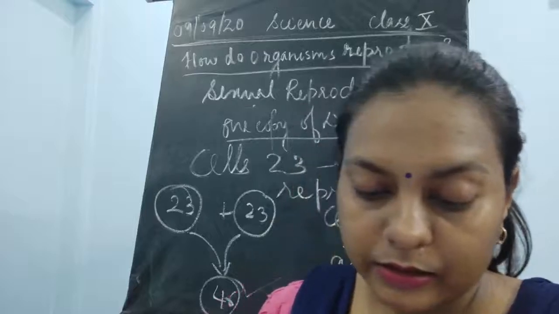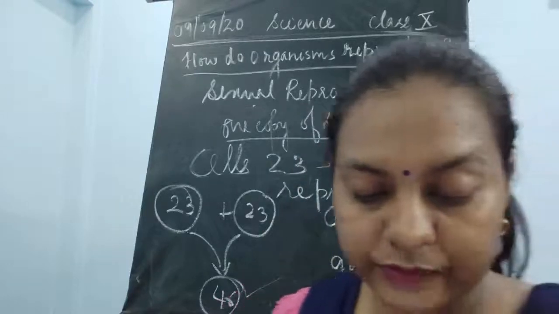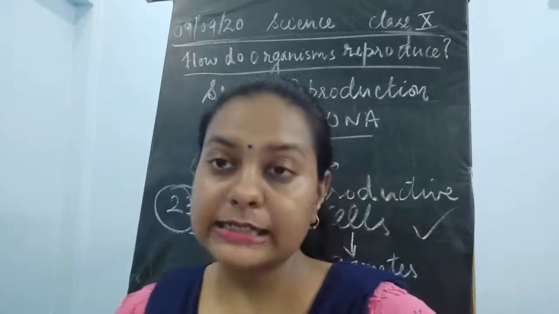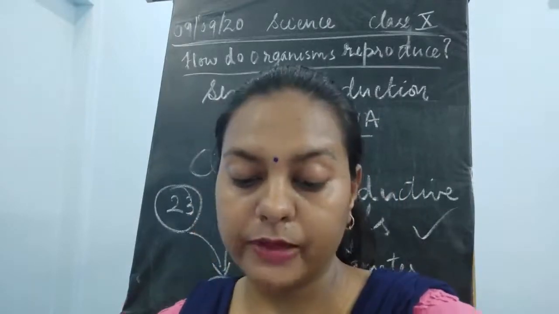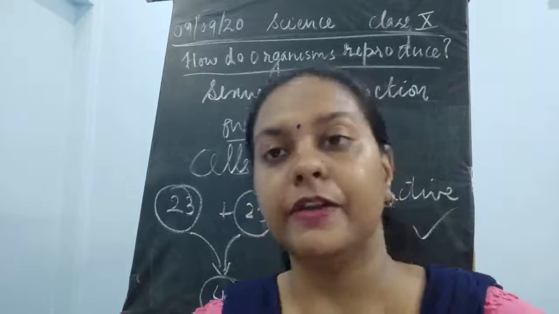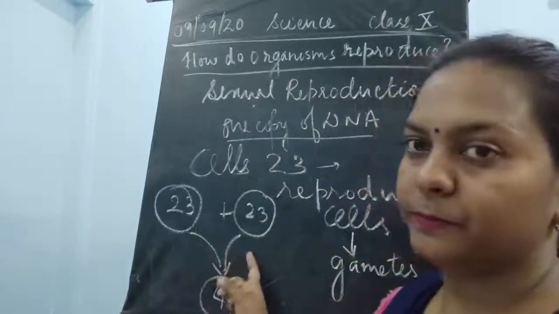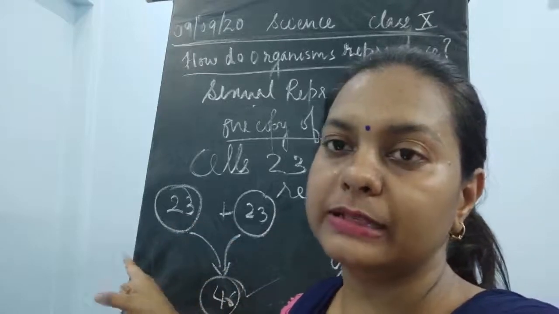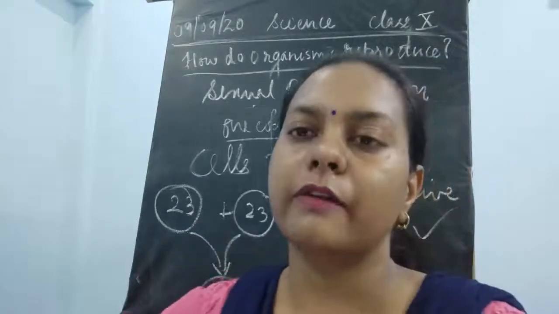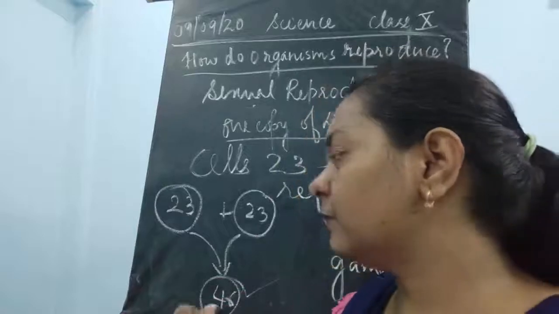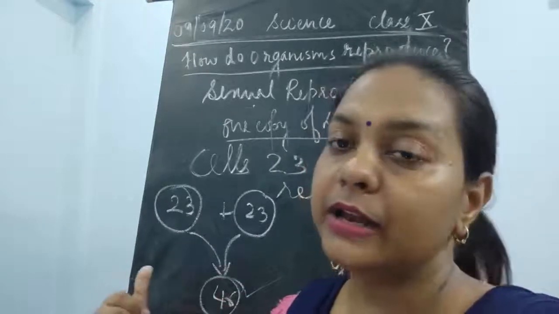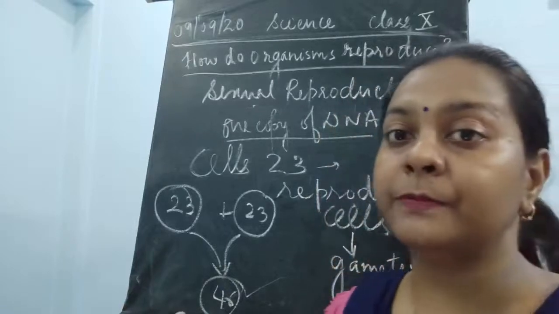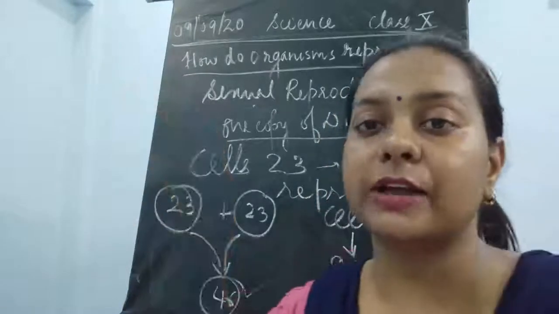Thus, when these germ cells from two individuals combine during sexual reproduction to form a new individual, it results in the re-establishment of the number of chromosomes and the DNA content in the new generation, as I have told here. If the full set of chromosomes were present in each gamete, there would be no significance to having 46 chromosomes; the number of chromosomes would keep increasing, and this would decrease the chance of survival.